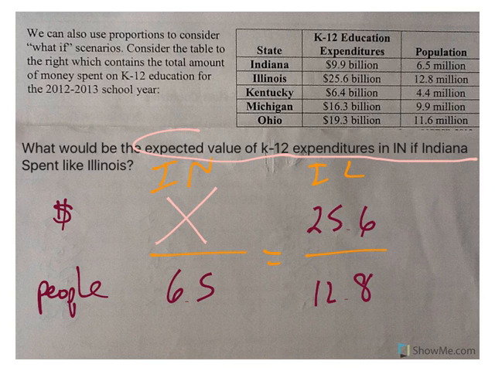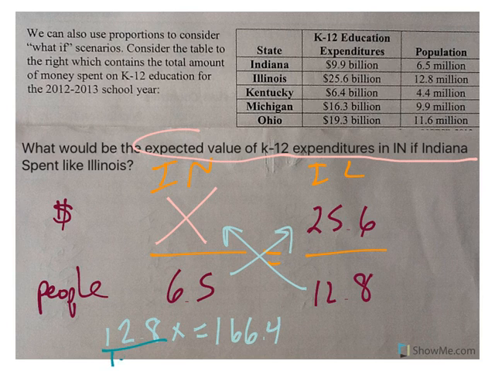So now I cross multiply just like I would with any proportion. So 12.8x equals 166.4. I divide both sides by 12.8, and I end up with a value of approximately $13 billion.